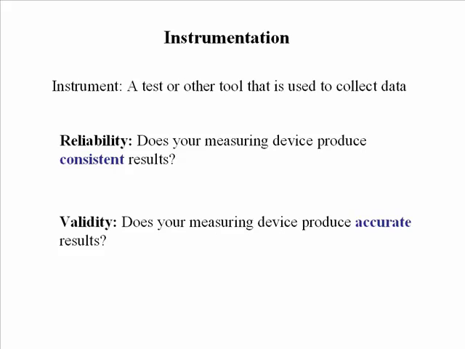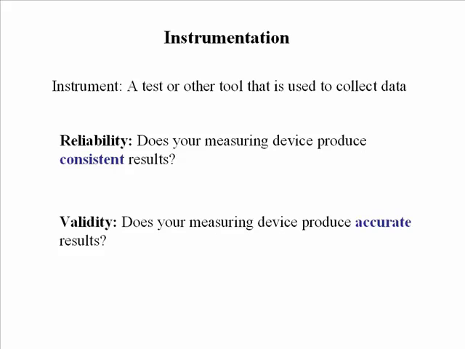Likewise, with validity, what we're ultimately concerned with is when we get the numerical score, is this score an accurate reflection of true performance? In other words, when we administer a test and an individual scores an 80, is that score truly reflective of that individual's knowledge concerning that particular content?